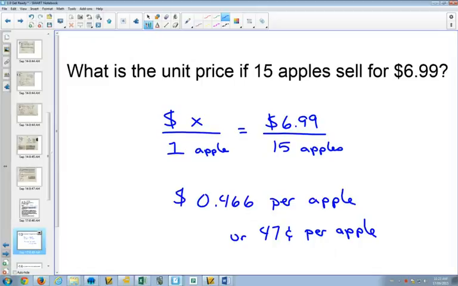When we take $6.99 and divide by 15, my calculator gave me 0.466. Because my top was in dollars, this is dollars. But I could also say that that's basically 47 cents per apple.